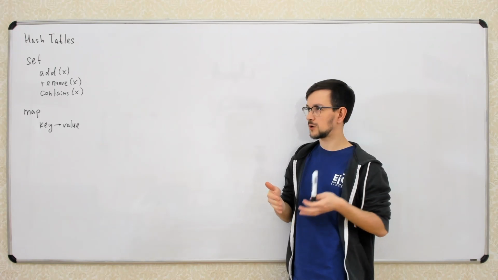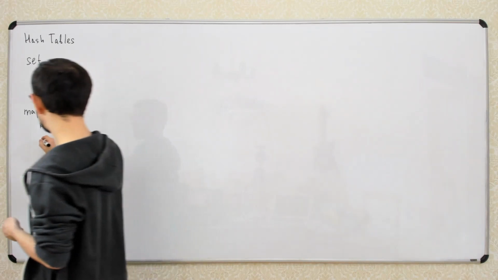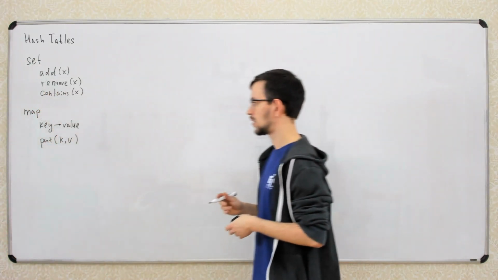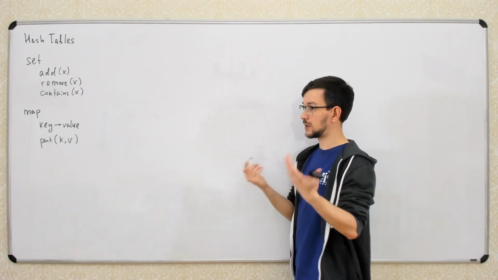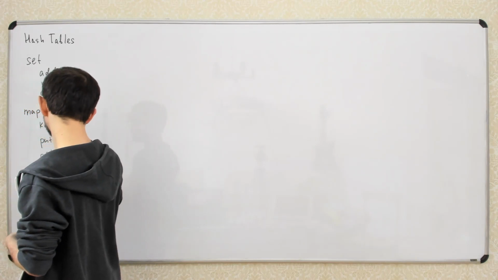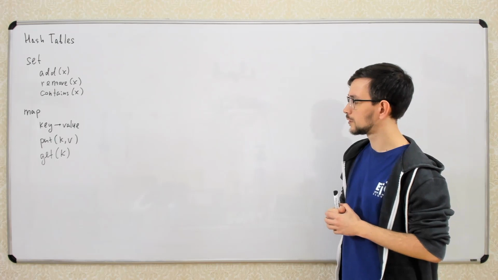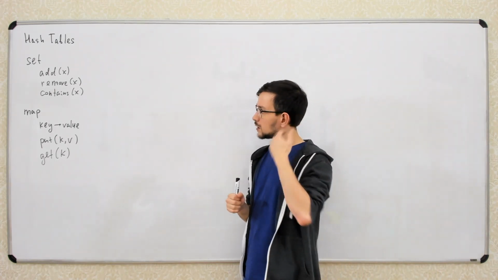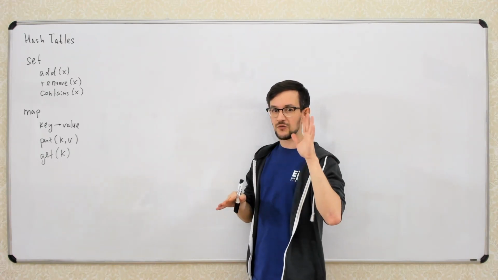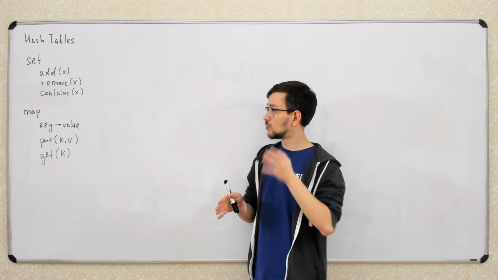You can insert a new mapping in the map, let's say put, like in Java, and get the value by the key. So these two are very primitive, very widely used in various different algorithms and real projects. Two very important data structures.